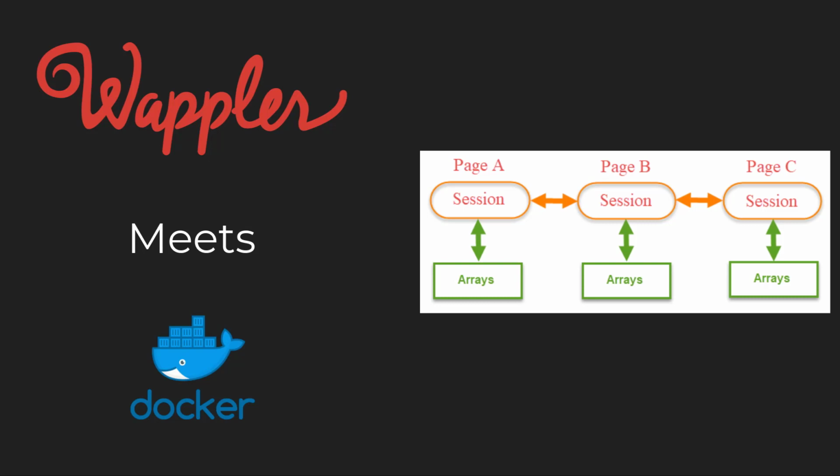Using the above relationship ensures that the value of arrays is the same for all of our pages. This relationship is achieved by binding the data within a session to the array and updating the session every time the array is updated, but more on this later.